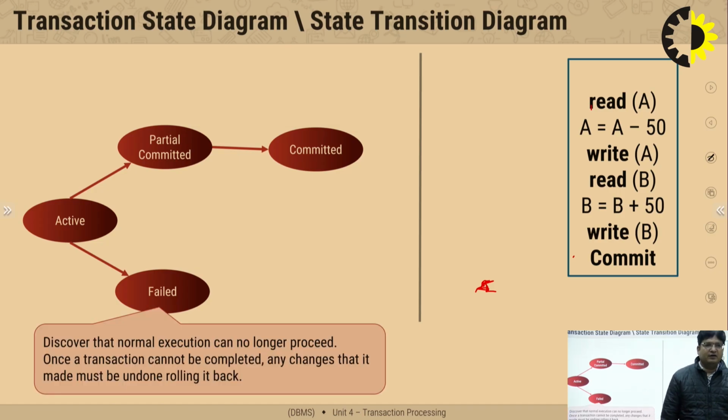During the failed state, we discover that the transaction can no longer proceed. So, once the transaction cannot be completed, any change it has done must be undone by rolling it back. Suppose it has changed some values, then we will be retrieving the old values.